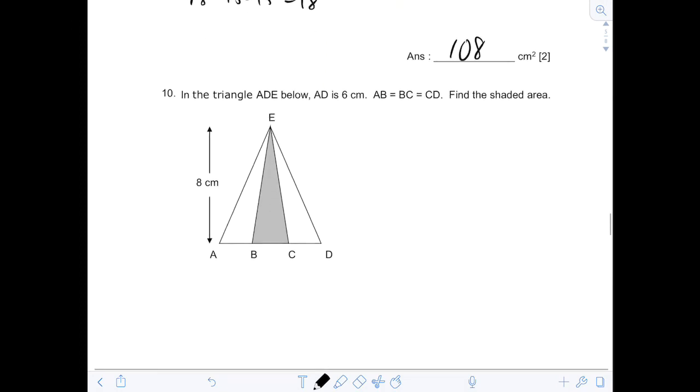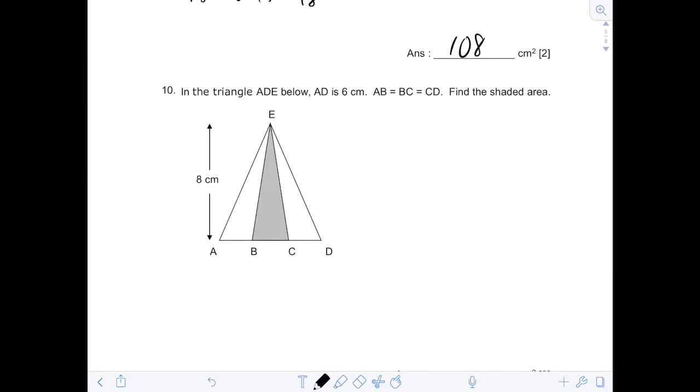Question 10. In the triangle ADE below, you got the equal length lines. AD is 6 cm, so this whole thing here is 6 cm. AB is equal to BC, which is equal to CD. Equal length lines, so you know each of these is 2. Find the shaded area. Now you know the height here is 8 cm, and the height of this part here, when it drags down, forms a right angle here.